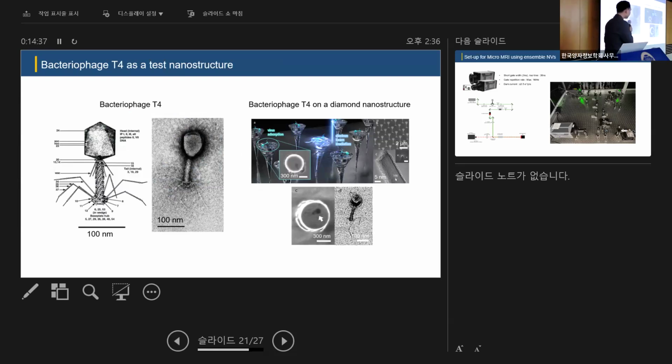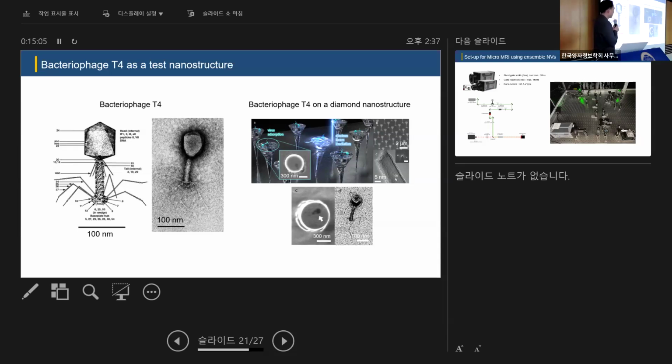So we are still searching for a suitable target to test our system's performance. One potential target is the bacteriophage T4, which you can see on the left, because the various structural components of the bacteriophage range in size from several tens of nanometers to several hundreds of nanometers, offering a wide range of scanning dimensions.